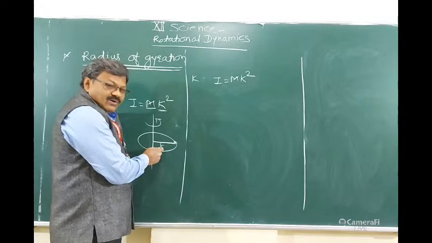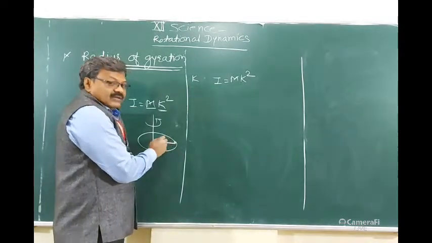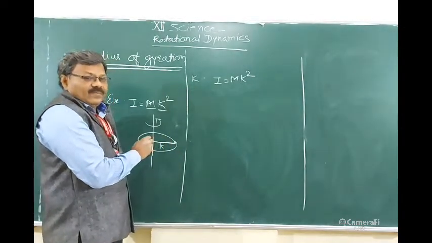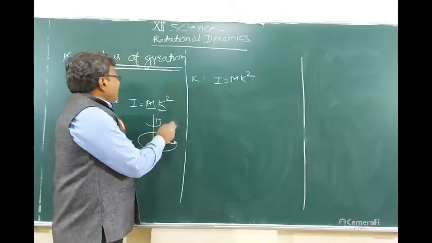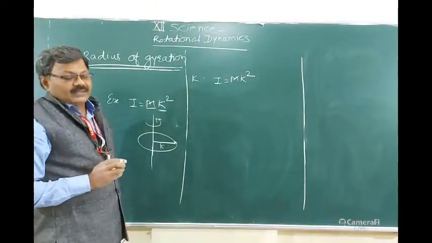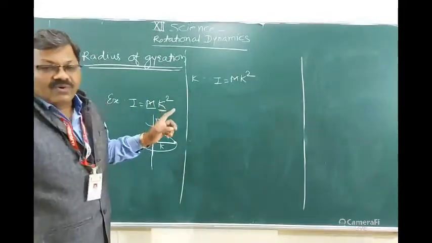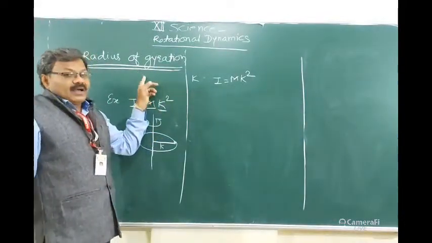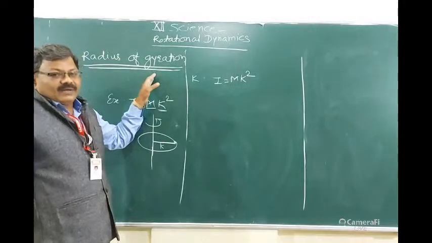For a larger value of k, mass is farther from the axis of rotation, and this is about the radius of gyration.